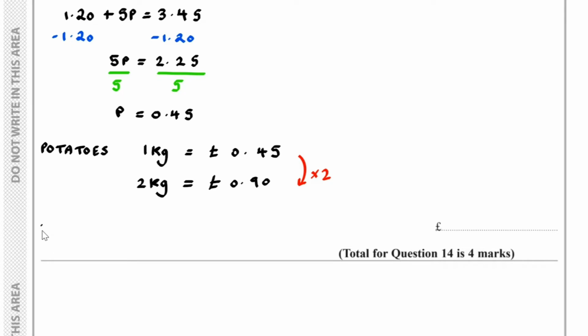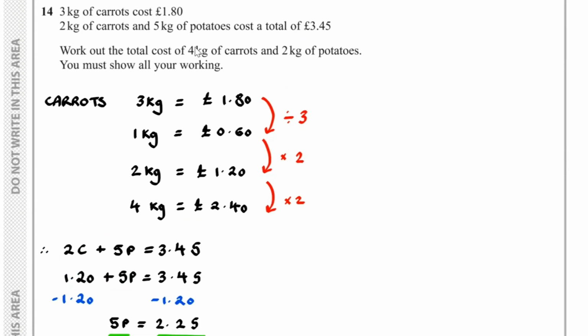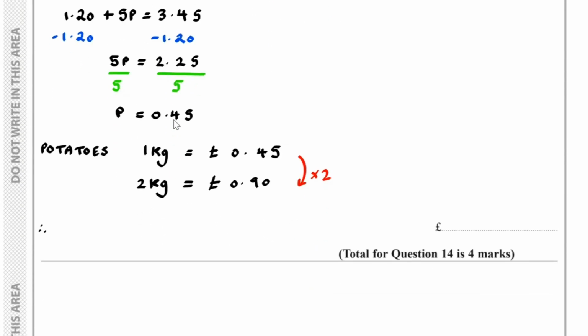And so therefore, the total cost, we've got over here 4 kilograms, which is £2.40, plus the 90p. And when I add these together, I get £3.30. So I end up with £3.30.